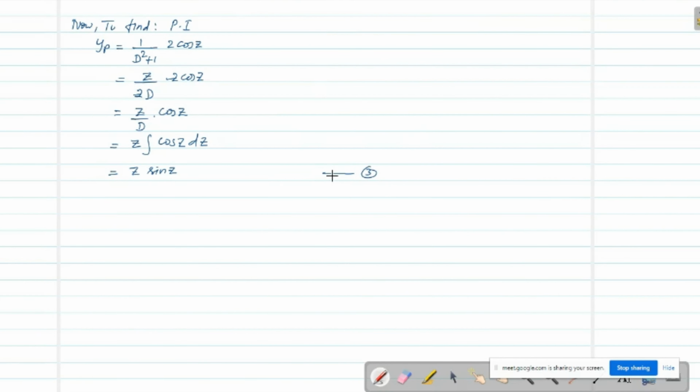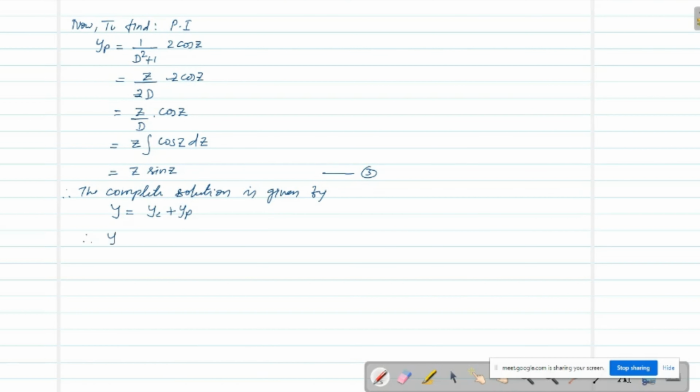Therefore the complete solution is given by y equal to yc plus yp. Now substitute all these values.